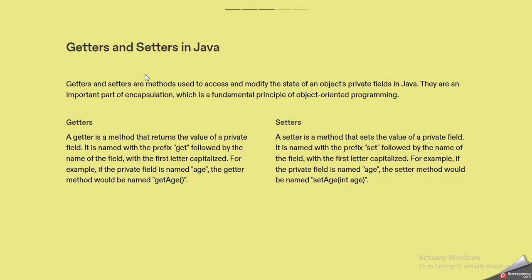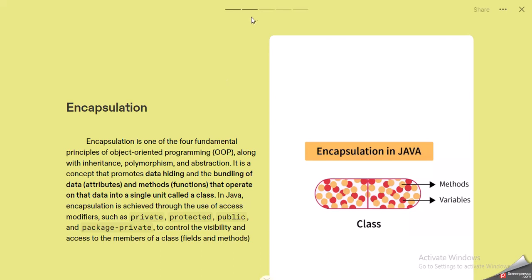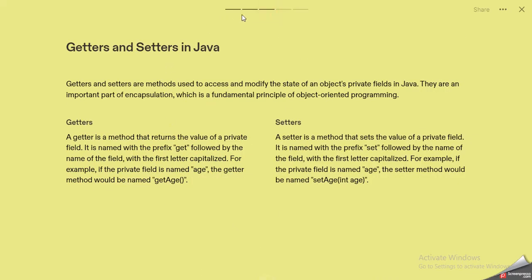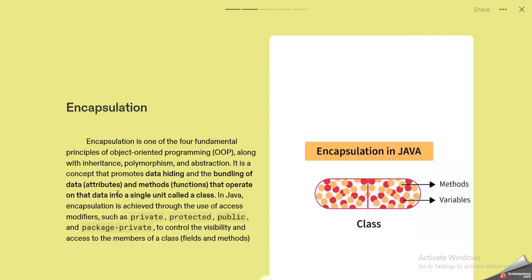As I am saying, getters and setters are methods used to access and modify the state of an object's private fields in Java. They are an important part of encapsulation. So before going to getters and setters, you need to understand what is encapsulation.